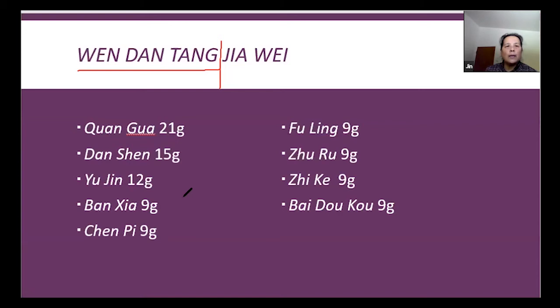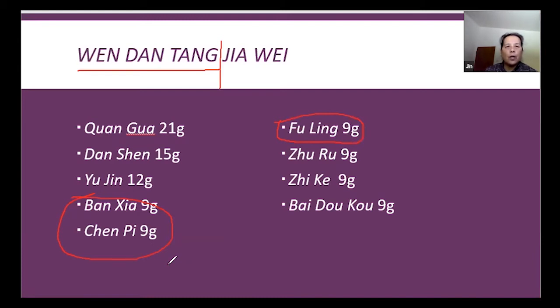So in this formula, 半夏, 陈皮, 茯苓 is the 二陈汤 idea. 二陈汤 is the formula to resolve phlegm.